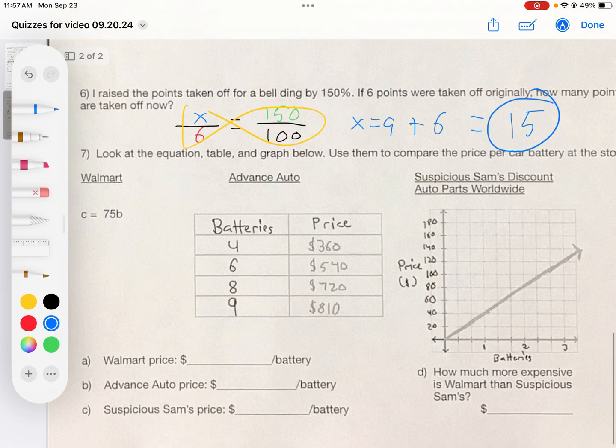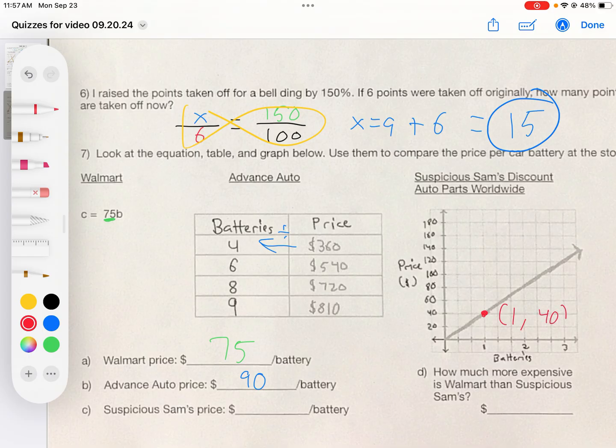And then number 7, we're buying car batteries at Walmart, Advance Auto Parts, and Suspicious Sam's Discount Auto Parts Worldwide. In Walmart, our price comes from the equation. Many of you, again, overthought this. That's just $75 per battery. For Advance Auto, a quick right divided by left, 360 divided by 4 is $90 per battery. And then for Suspicious Sam's, I gave you an easy point to work with.